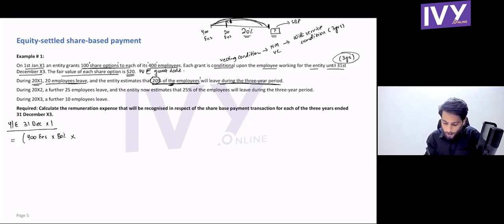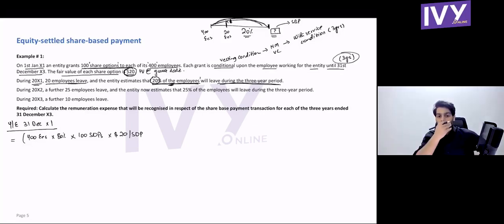So I multiply it by 100 share options. 400 into 80% is employees, into 100 SOPs, I get the number of SOPs. What is the value of these SOPs? The examiner gave us fair value at grant date in this question, which is $20. So each SOP is going to be worth $20. So here is my obligation.